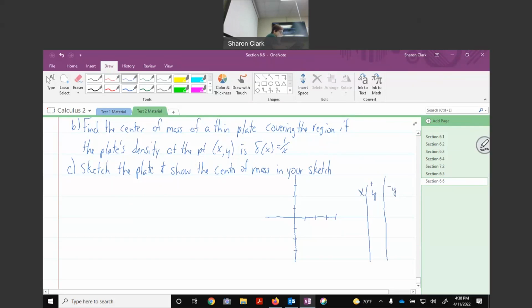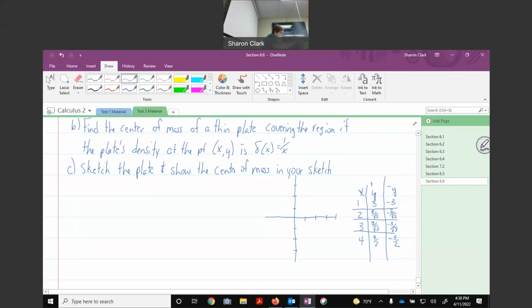All right, so 1, 2, 3, 4, 3, negative 3, 3 over the square root of 2, negative 3 over the square root of 2, 3 over the square root of 3, negative 3 over the square root of 3, 3 over 2, negative 3 over 2.